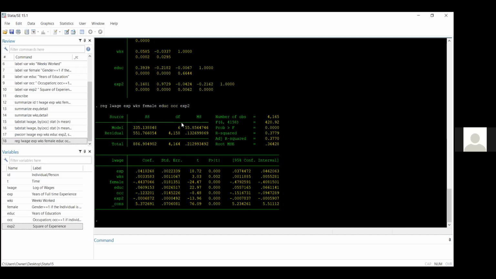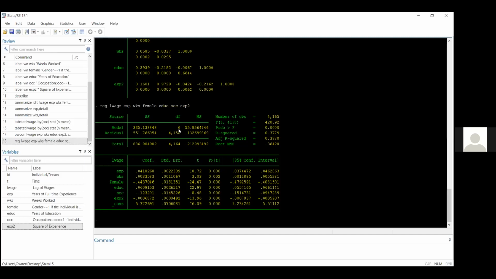DF is degrees of freedom. Degrees of freedom refers to the number of restrictions you are making in your estimation or conceptual framework. It is the total number of independent variables, including the constant, defined as K minus 1. So K is the total number of restrictions, which is all your independent variables, including the constant, minus 1 for the model.